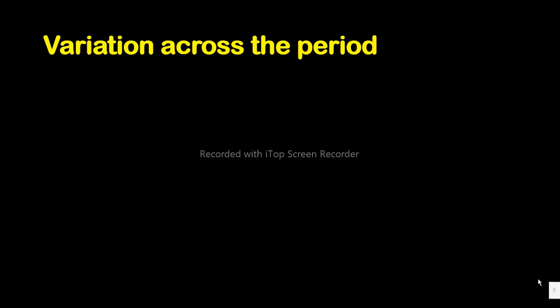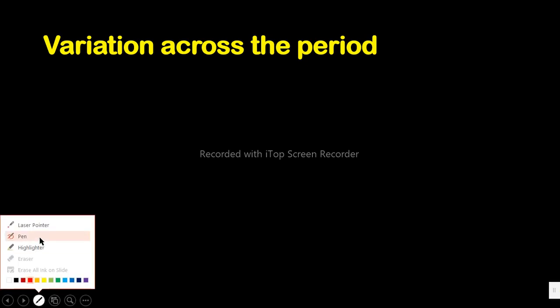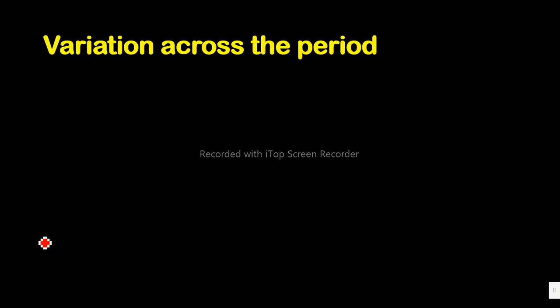So let's see how our electron affinity is going to vary across the period. And it is simple. If you understood the concept of atomic radius, this one becomes easy. If you understood the concept of ionization energy, then this one also becomes easy. Across the period, you know that atomic radius decreases.